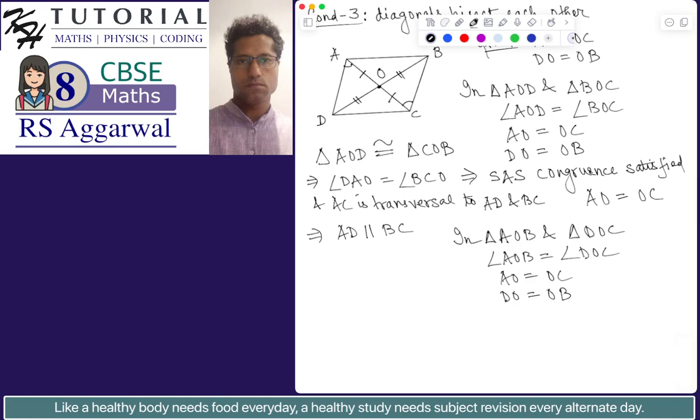So definitely again we have SAS congruence satisfied. That is, the vertically opposite angle is the angle included between two sides. The two sides of triangle AOB are AO and OB, and the corresponding sides of triangle DOC are OC and OD.